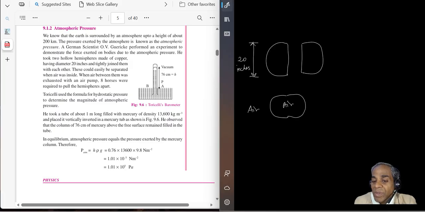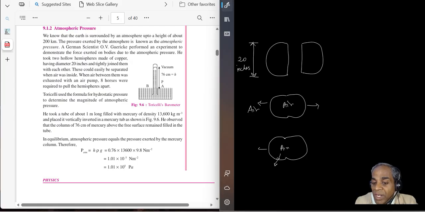So when he joined them and tried to separate them initially, it was easier for him. However, in the second case, what he did was when he joined the two hemispheres, he made an airtight seal so that no air can go inside, only the air inside is there. And he made an arrangement, a small outlet to pump this air inside the enclosure out so that there is vacuum or near vacuum inside it.